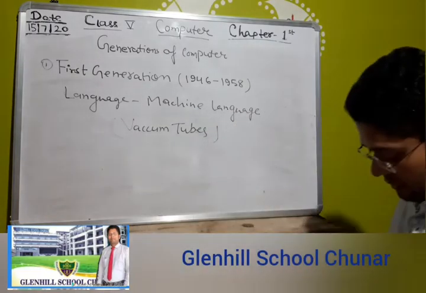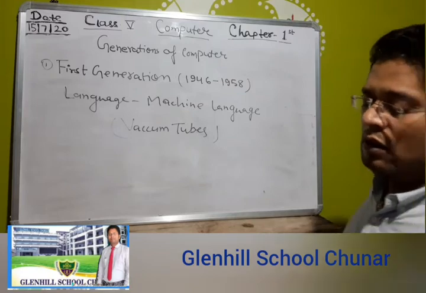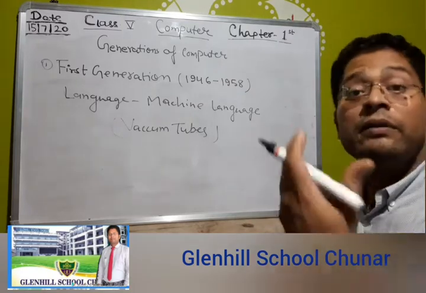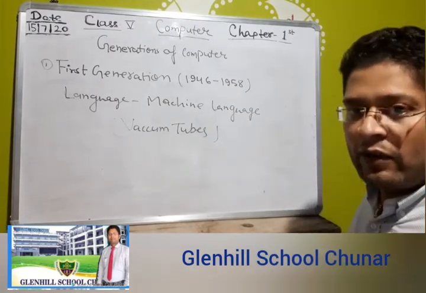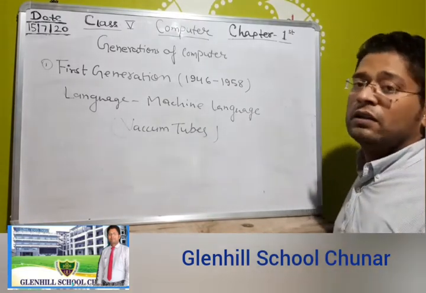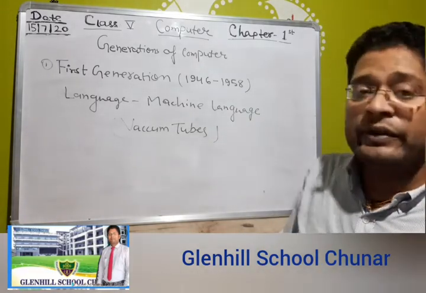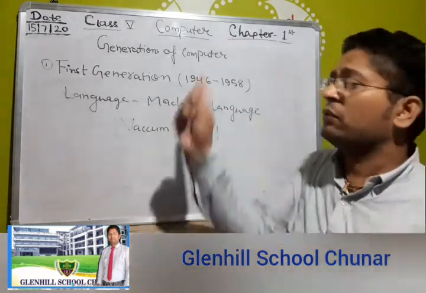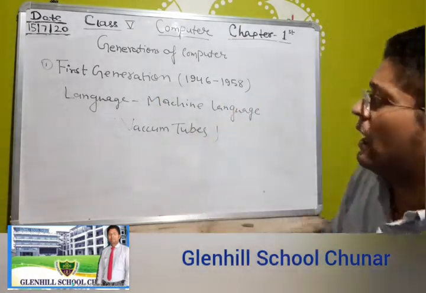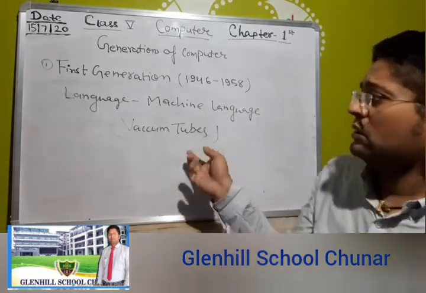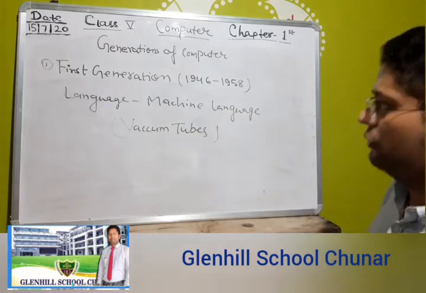So three main things related to the first generation. First, which computers were developed in the first generation: ENIAC, EDSAC, EDVAC, Mark 1 and Mark 2 and IBM 650. Which language was used? Machine language. And which equipment was used? Vacuum tubes. Very good.